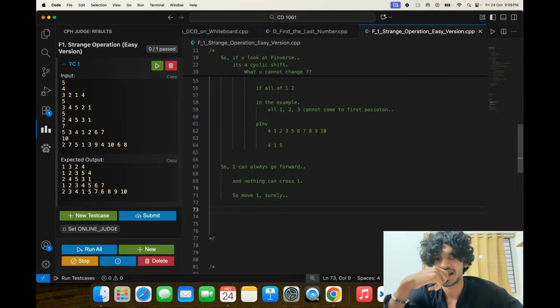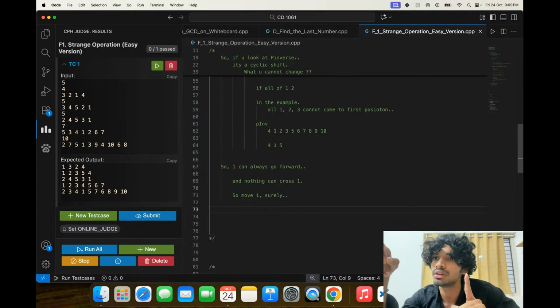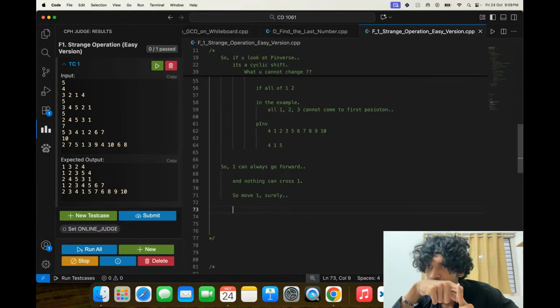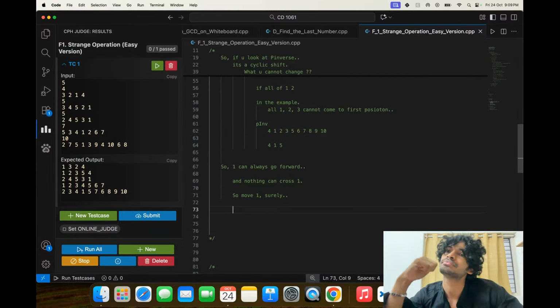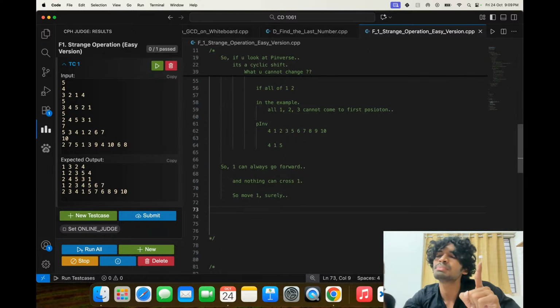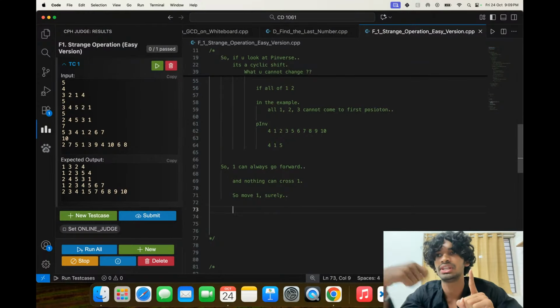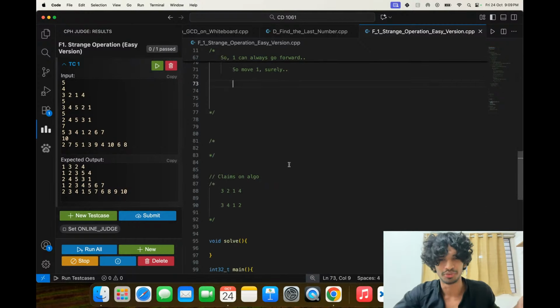Now you have moved one. Now how far can two go? Two can never cross one, but two can try to go forward. Now three, as far forward as it can try to go. Now three's turn. Is it just brute force?